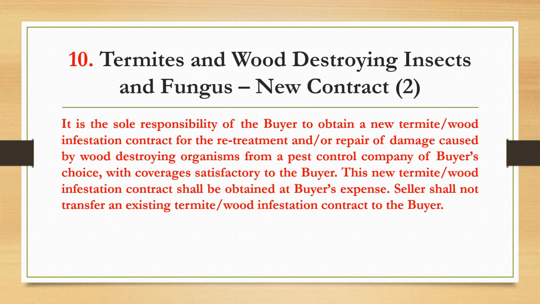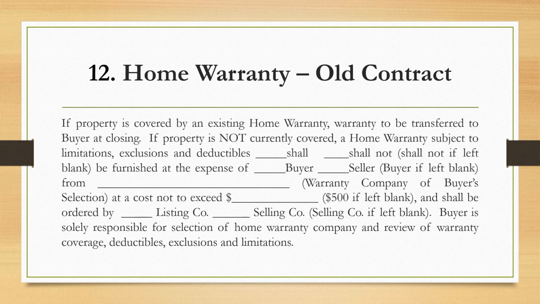So the way around that is just to let the buyer choose any company they want. We're not transferring bonds anymore, and it's just all on the buyer. And if there's a dispute or a problem post-closing, that is just going to be between the buyer and the termite company of their choosing.